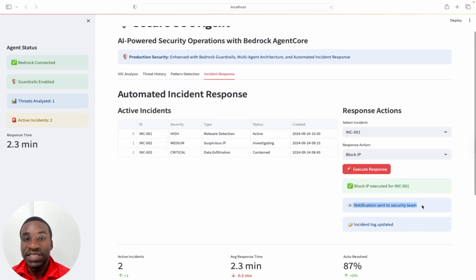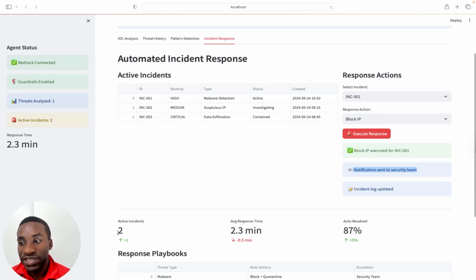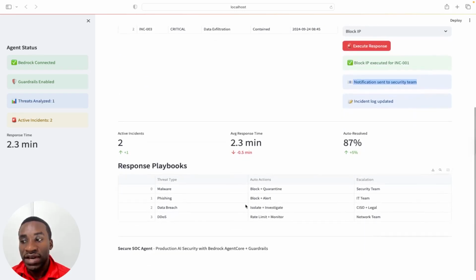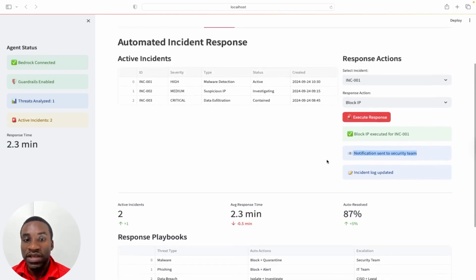So we could either be sending notifications, going through a firewall to block, sending logs to CloudWatch, or even setting up a Jira ticket. So all this is in our automated incident response. And then we have our stats here, and this is our response playbook here as well.